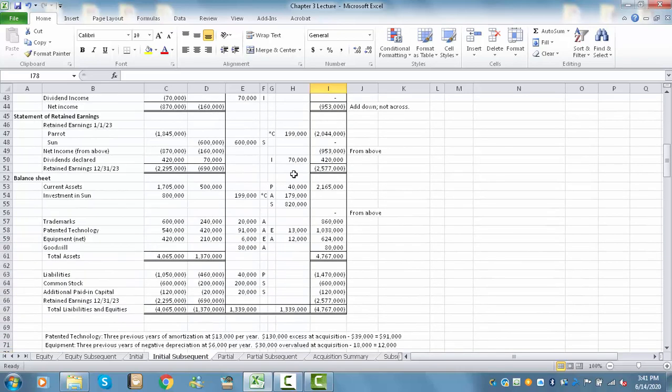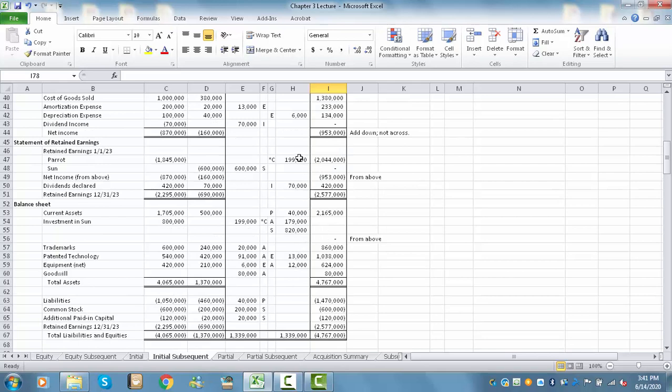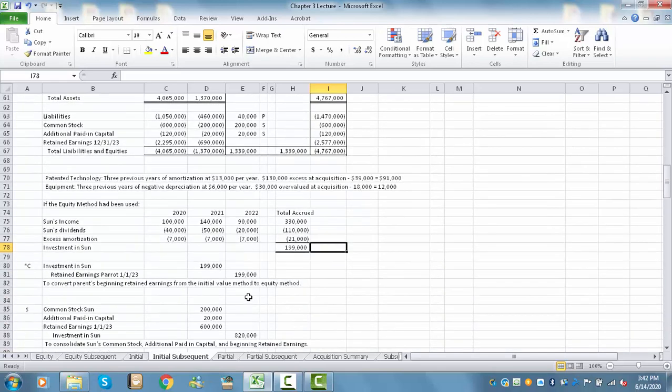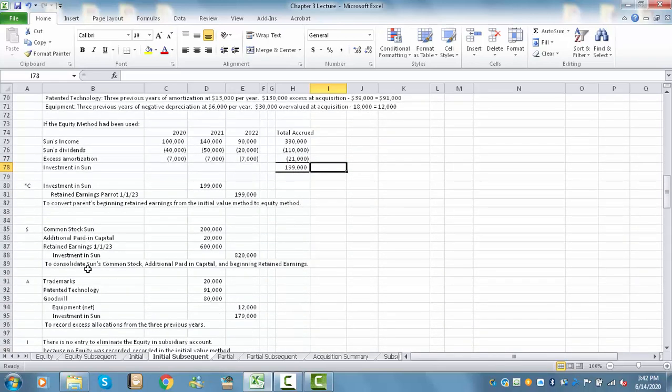So that's actually the first entry you think about doing. 199, I know these are together, they're hard to see. This is the C, the star C is over here, 199. Okay, and then you have the S, which is just to consolidate, to get rid of the common stock, the additional paid-in capital in the beginning, retained earnings of Sun.